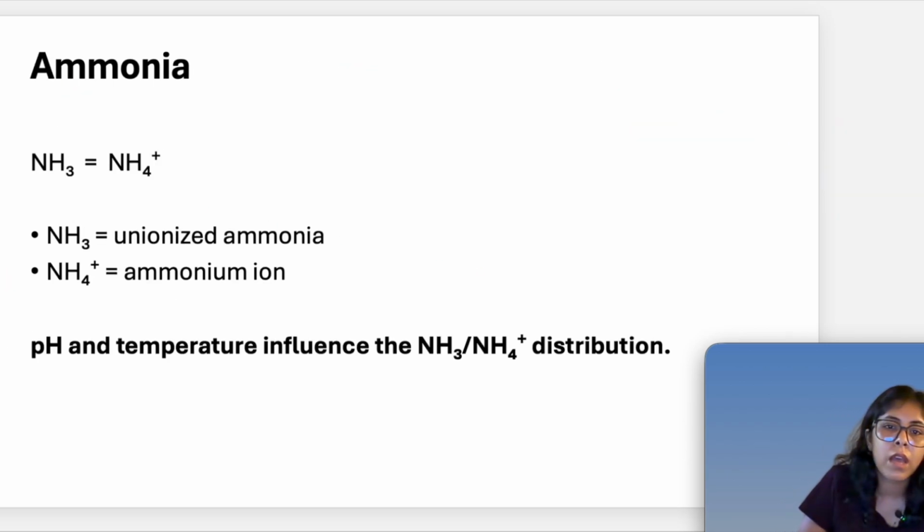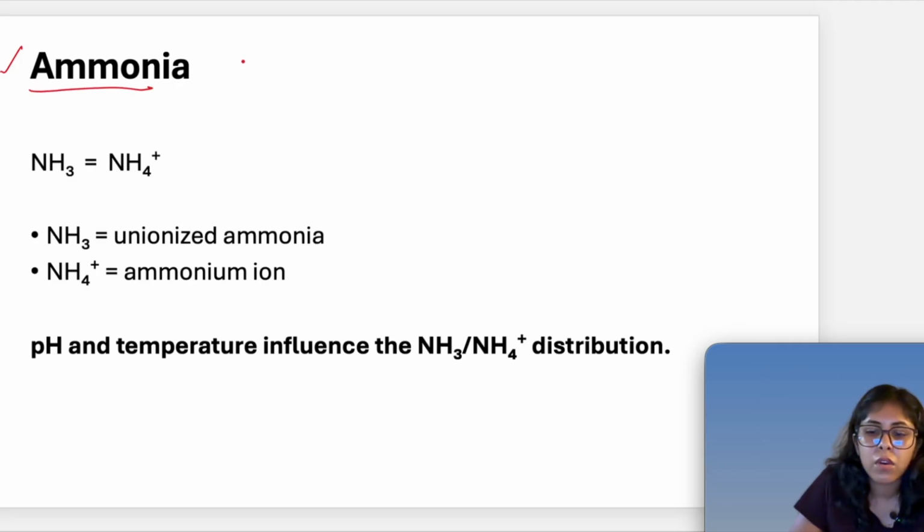Now we also have the next, which is ammonia. We also call it organic ammonia, right? This signifies the presence of complex organic matter in the water. Ammonia is denoted by NH3, or if it gets converted, it will be converted to NH4.